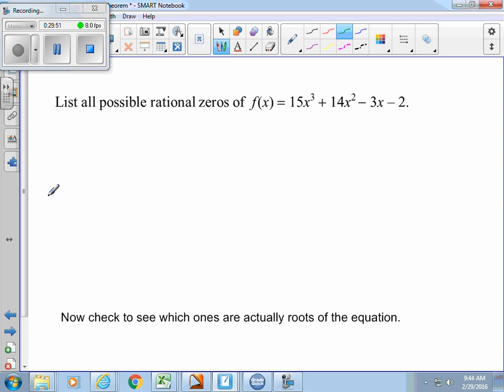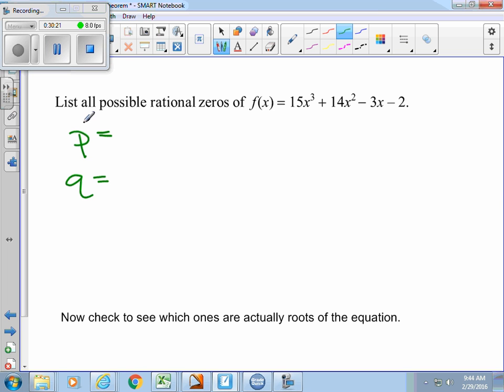So I want to list all of the possible rational zeros. And to do that, I need to know P and Q. Pick out my P's and pick out my Q's. P is all of the factors of the constant, and Q is all of the factors of the leading coefficient.